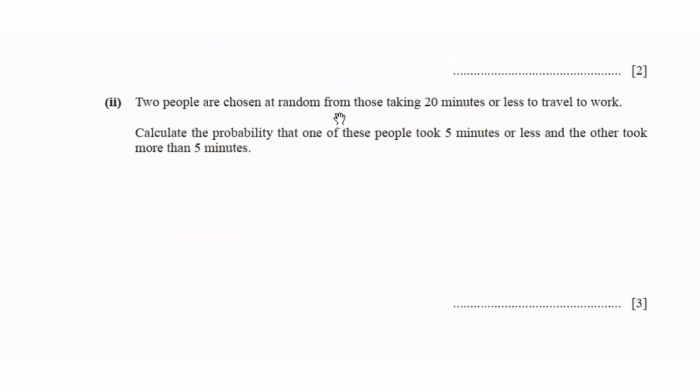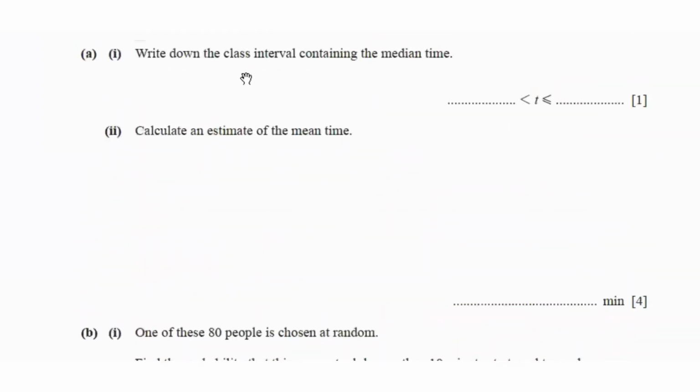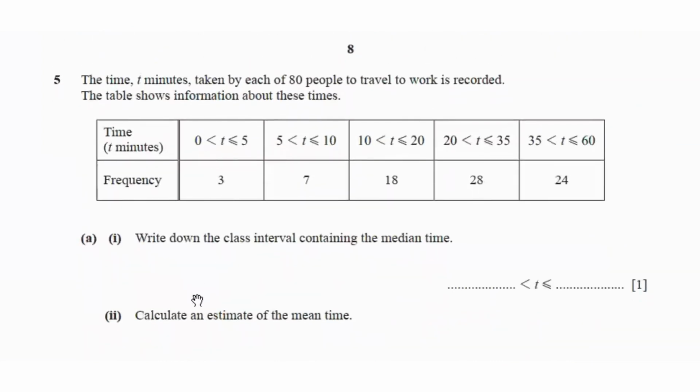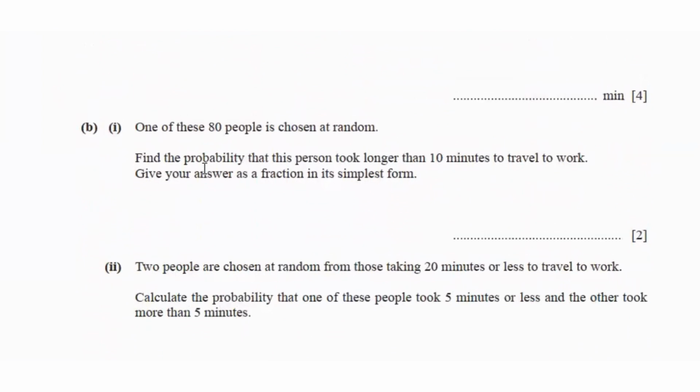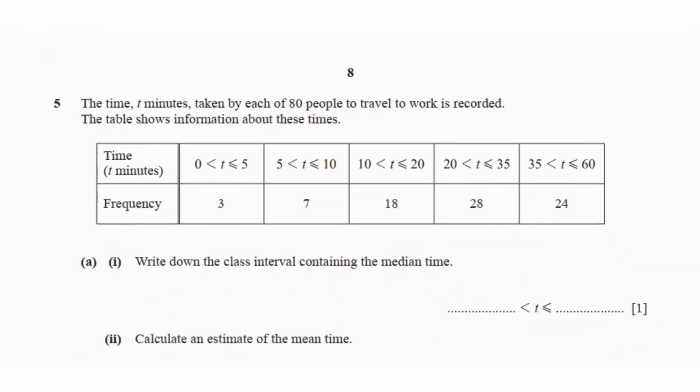2 people are chosen at random from those taking 20 minutes or less to travel to work. Calculate the probability that one of these people took 5 minutes or less and the other took more than 5 minutes. So 20 minutes or less to work is this part.